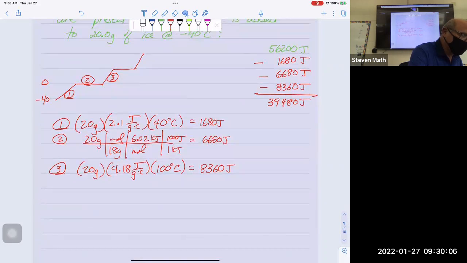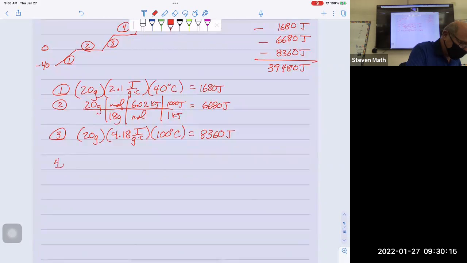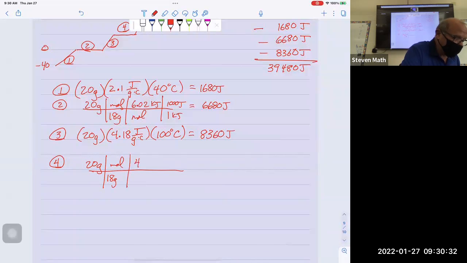Step 4 is where we got to vaporize things. And this takes a lot of energy because of the heat of vap. 20 grams. Whoops. Let's do our train tracks. 18 grams per mole. 40.7 kilojoules per mole.